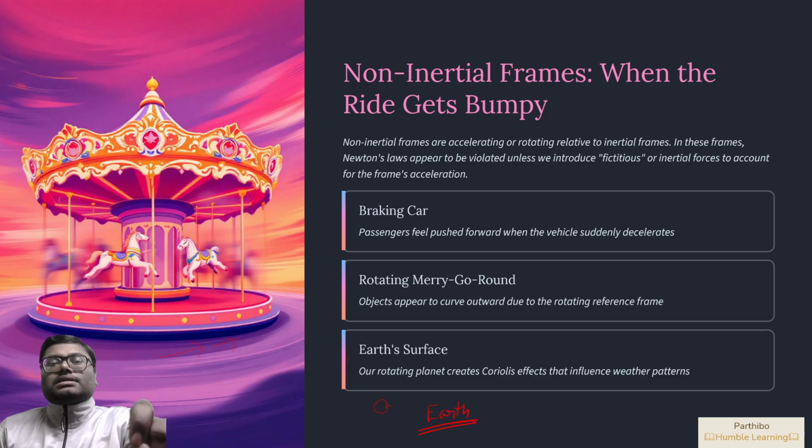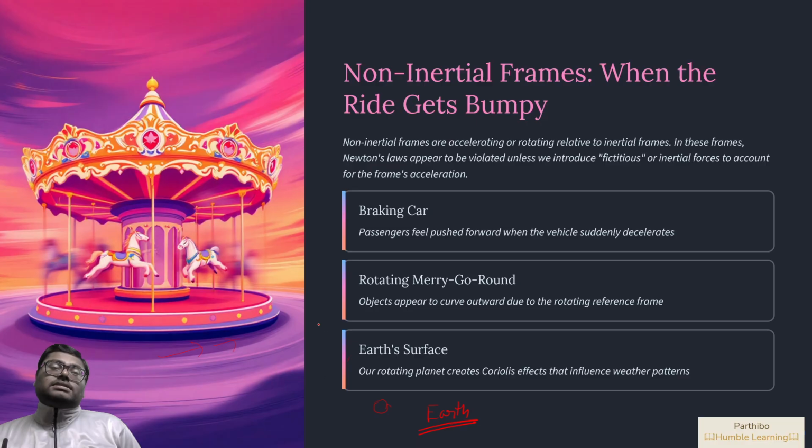Earth's surface, our rotating planet, creates the Coriolis force that influences weather patterns. I think we already know that cyclones rotate anti-clockwise in the northern hemisphere and clockwise in the southern hemisphere.